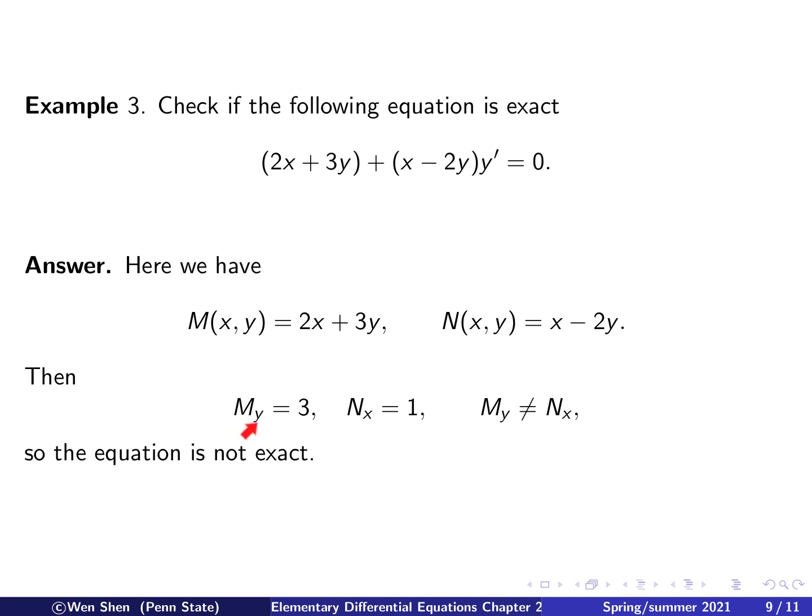So M sub y, differentiating this in y, I'll just get this term, which gives me 3. And N sub x will only get contribution from this term, which is 1. And we see that 3 does not equal 1, so this is an inequality, so it failed the test. Therefore, the equation is not exact.